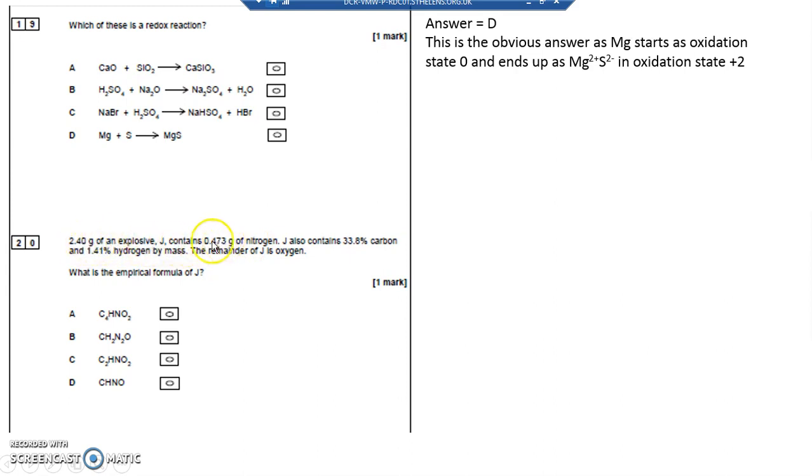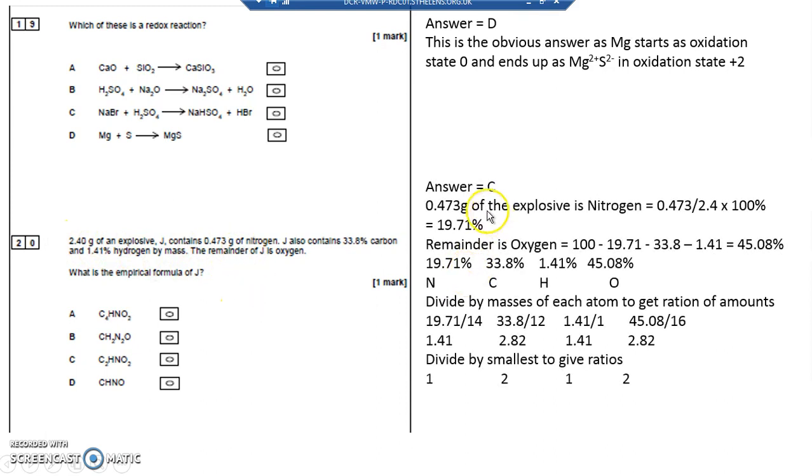I've got 0.473 grams out of the 2.4 grams. 0.473 divided by 2.4 multiplied by 100% gives me the percentage of nitrogen. So now I've got percentages, the remainder is oxygen, so I can do 100, take away the 19.71 which is nitrogen, take away the 33.8 which is carbon, take away the 1.41 which is hydrogen. And it tells me that 45.08%, the remainder, is oxygen.